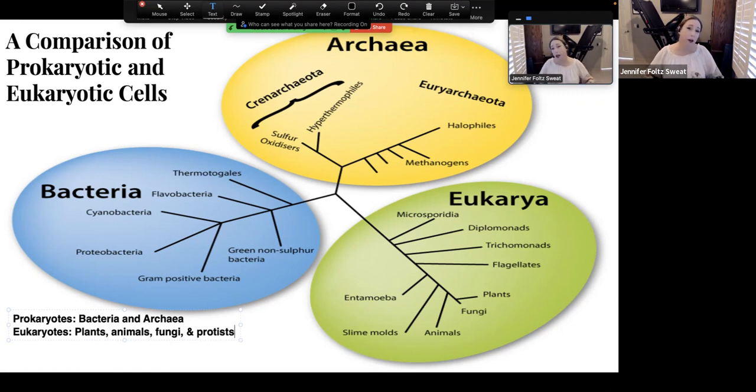You're probably not familiar with the term protist, but it includes single-celled organisms and multicellular organisms. So all prokaryotes have one cell. Eukaryotes can be single-celled or multicellular, because some protists are unicellular.